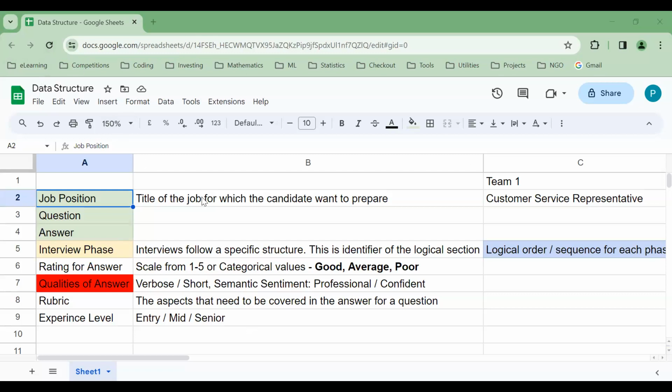For example, sales representative or sales manager: the manager would be one level above the sales representative, and that would already suggest the level gradation.